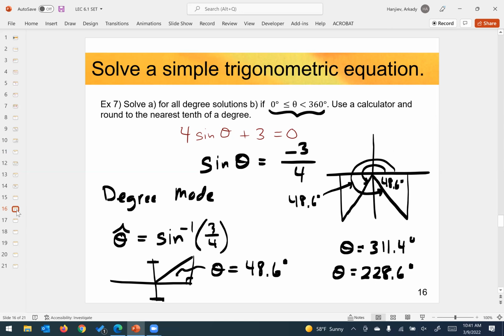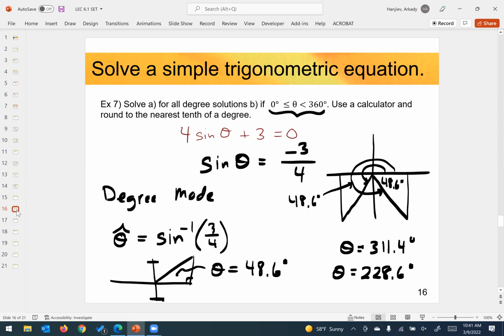So you know you're going to be working in quadrants 3 and 4. Both those quadrants have a reference angle of 48.6. So then we just do whatever needs to be done to get that angle in that quadrant. For quadrant 3, you have 180 already, and you add 48.6 more to get into quadrant 3. For quadrant 4, you're 48.6 shy of 360. Okay, reference angle is only to the x-axis. Yes, correct. Reference angles are only to the x-axis.